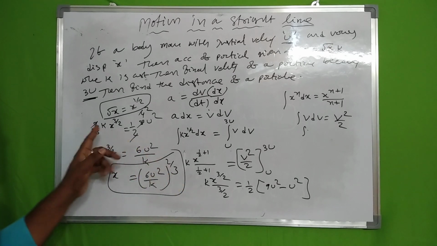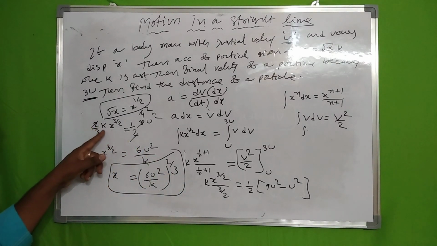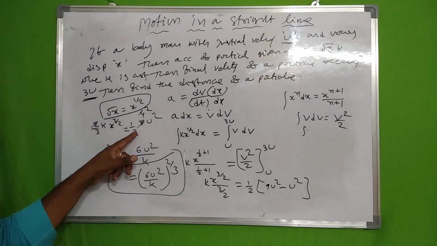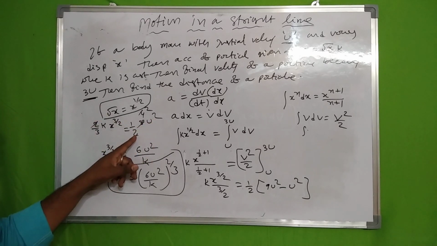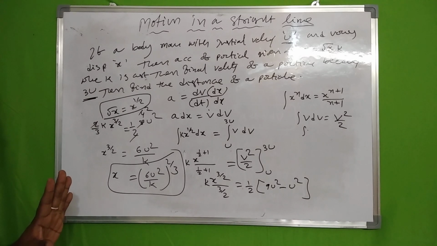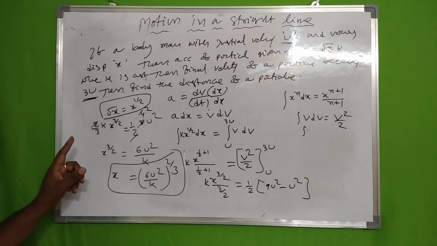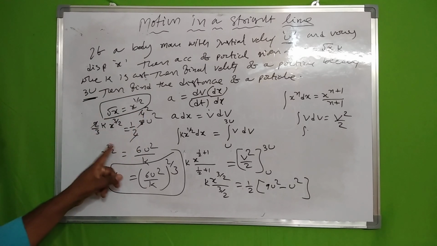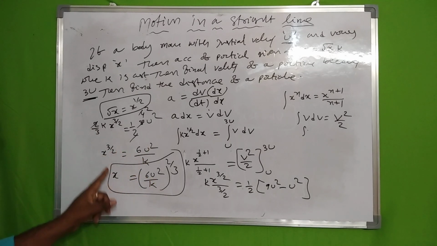To simplify, 2 by 3 k x power 3 by 2 equals 1 by 2 into 8u square. The 2 fours get cancelled, so finally x power 3 by 2 equals 6u square by k, and x equals 6u square by k whole power 2 by 3.